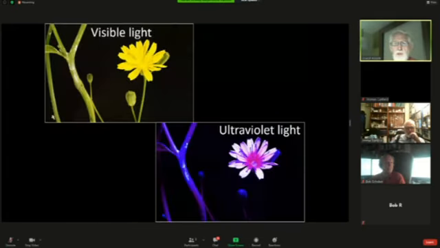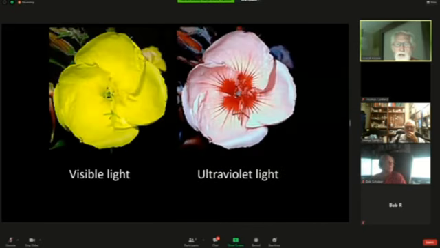Well, this is important because this is how they see a flower compared to how we see a flower on the left. So visible light on the left, ultraviolet light on the right. So they see patterns that we don't see, that are not visible for us. And here you see other examples of visible versus ultraviolet.